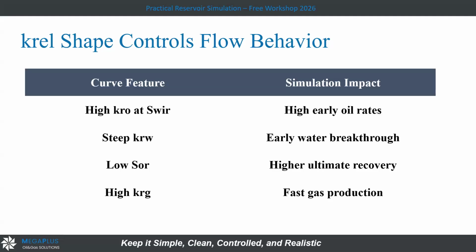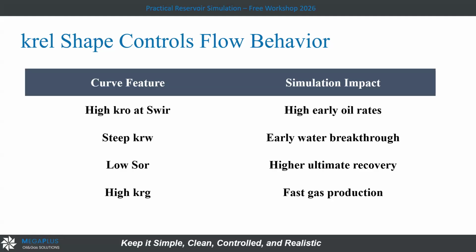If you have low residual oil saturation, of course you will have a higher ultimate recovery factor. As an example, in the field, if the residual oil saturation is 30% and you inserted 20%, you have a problem. There is a 10% recovery factor difference, or more than that.